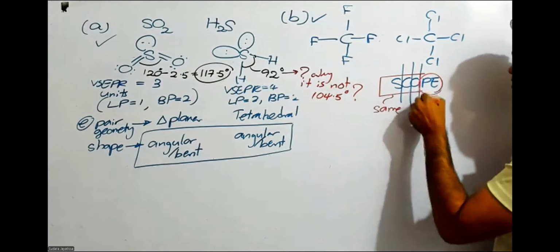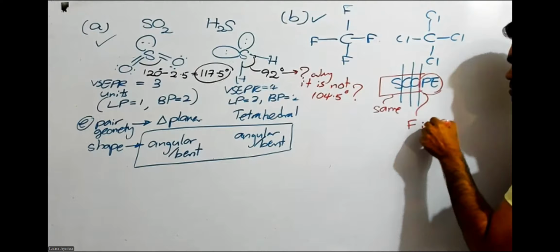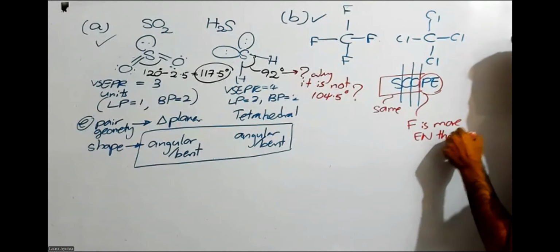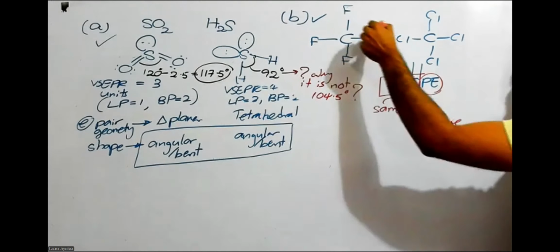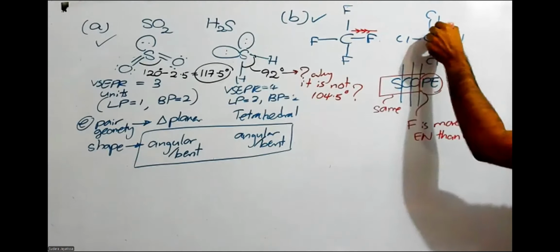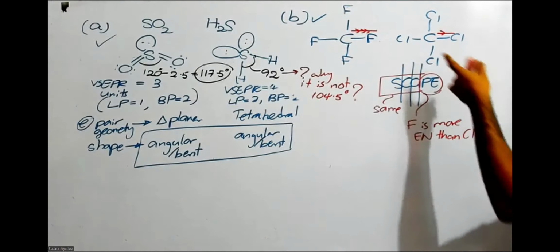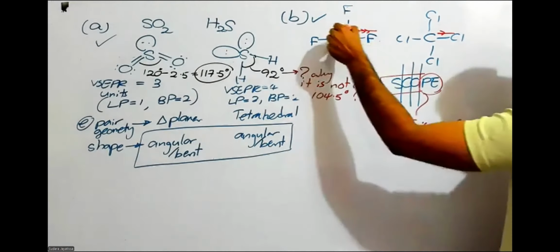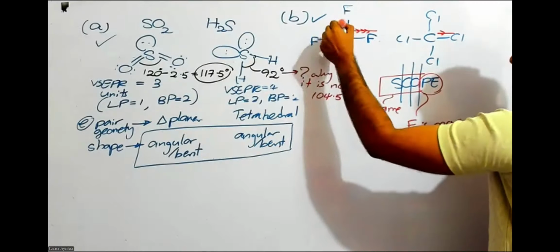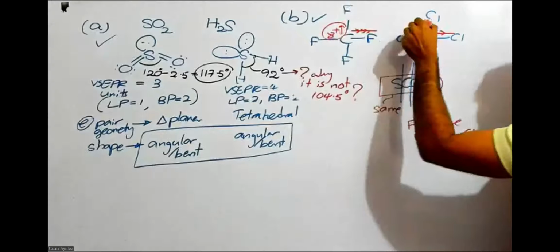Here, fluorine is more electronegative than chlorine. Therefore, fluorine is pulling more electrons towards it. And here electrons are also pulled, but not like fluorine. Therefore, the delta positive charge of this one is really high, higher than this one.